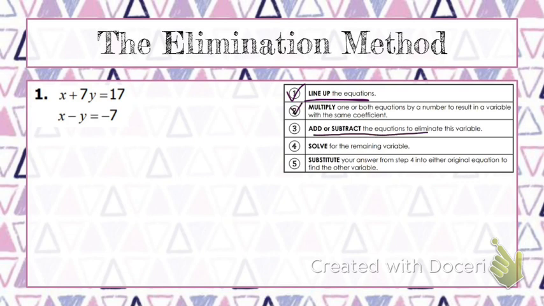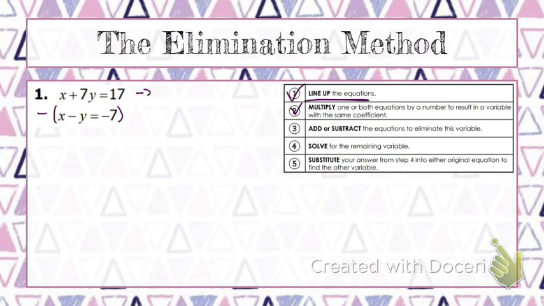Now, add or subtract the equations to eliminate this variable. So we have x and x. If we add those, we're going to get 2x. So we want to subtract those. So what we have to do is we subtract the two equations, but instead of trying to do it that way, we're going to go ahead and distribute that negative so we don't get confused.